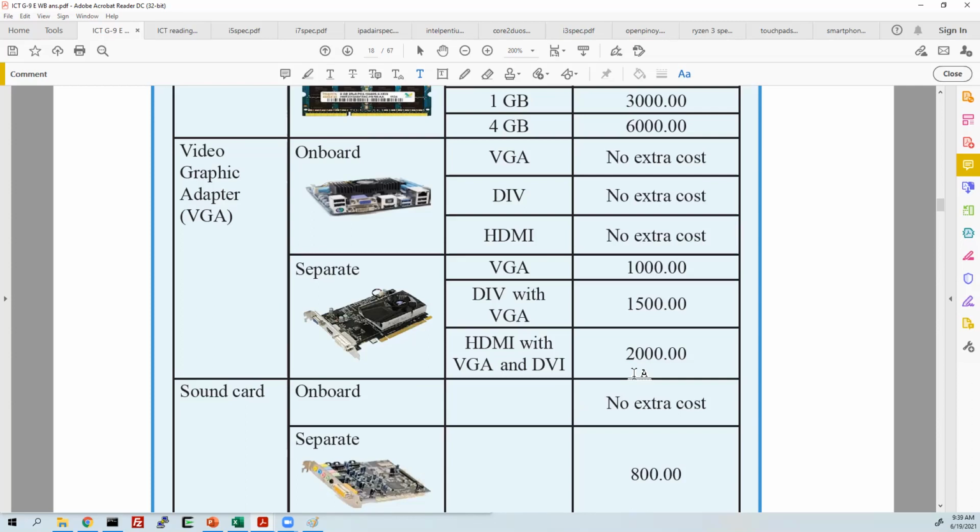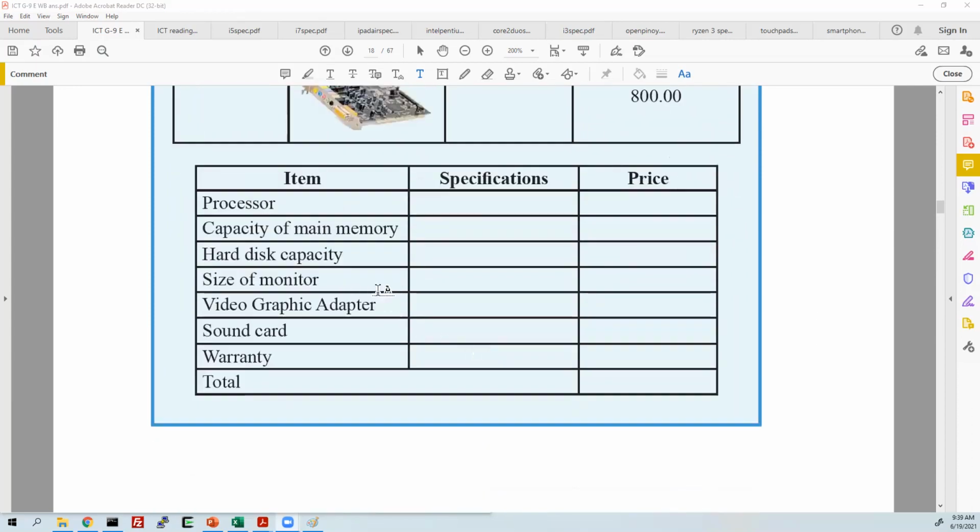Yes, I received from Senhiru. I am waiting for Dhananji. Okay, good. Right, good. Then put down here the specification, video graphics adapter, onboard or separate, and then what ports that you need, and then put the price here. Complete the table. I told you like I need it at the end.